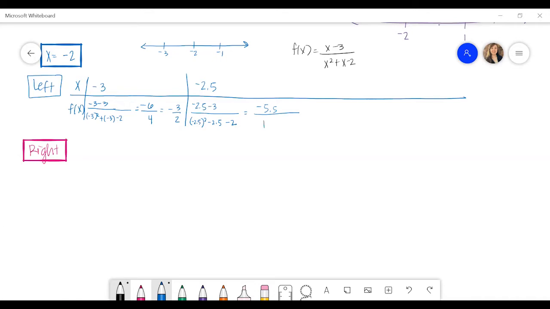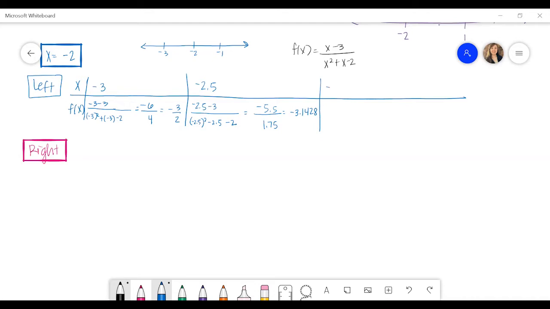We're left with 1.75. If we divide, we end up with negative 3.1428.